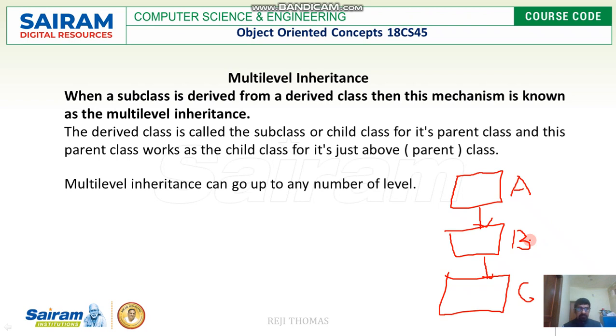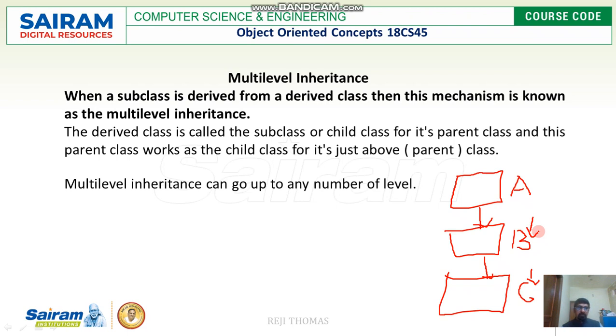But if you look at the diagram completely, we can say that in this scenario we have implemented multi-level inheritance, where a subclass, which we can take as C, is derived from a derived class. We already had a derived class, and from this derived class we have derived one more class.